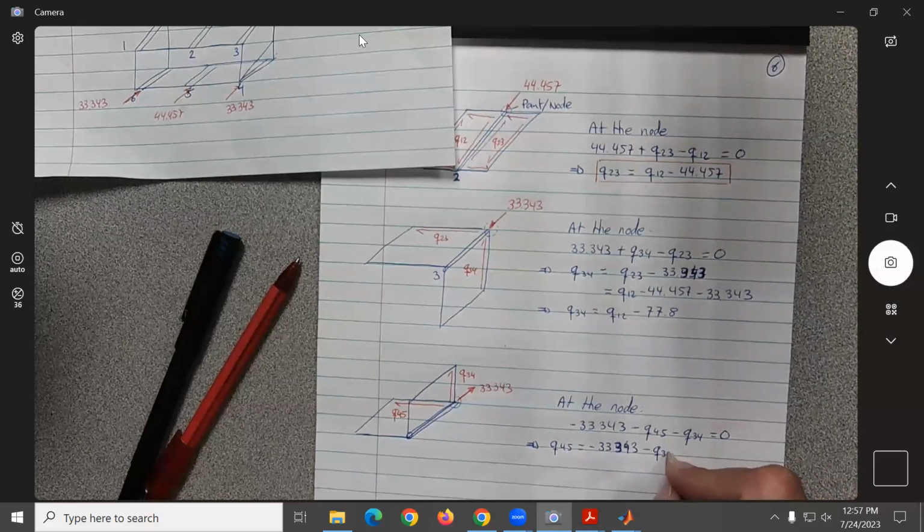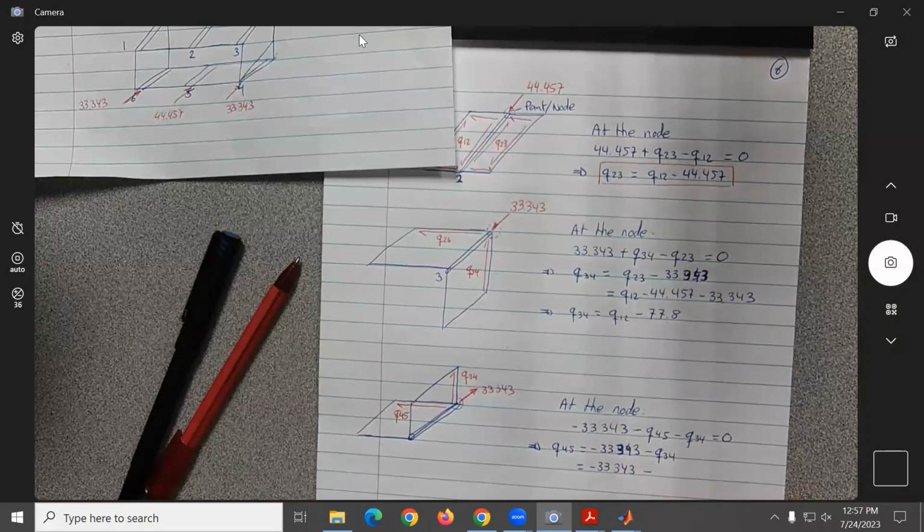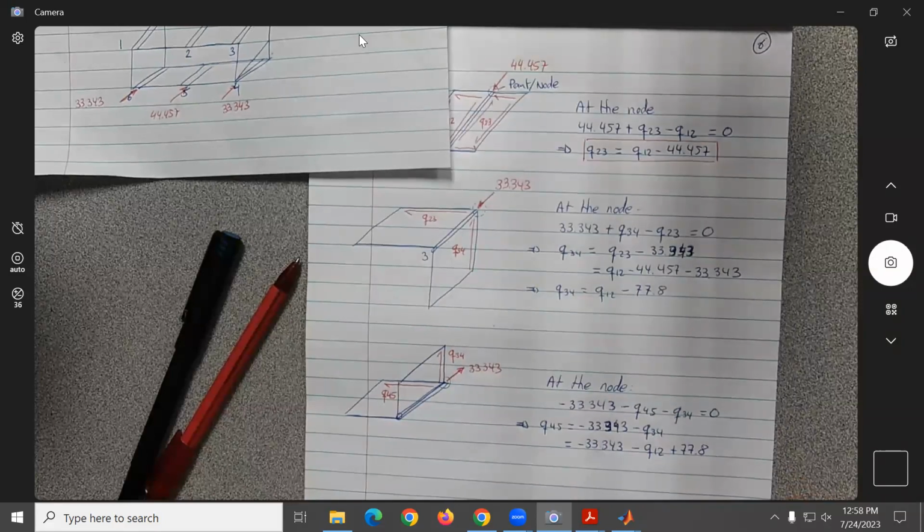Minus Q34, which is minus 33.343. What is Q34 minus Q12? Plus 77.8, no? Because it's minus, no? Q34 was this.